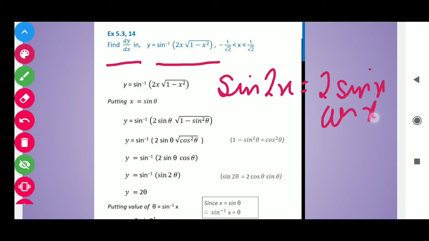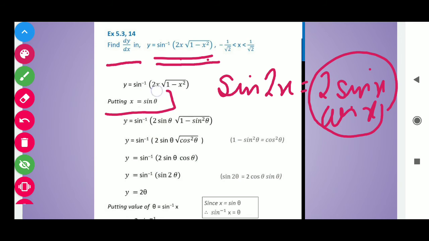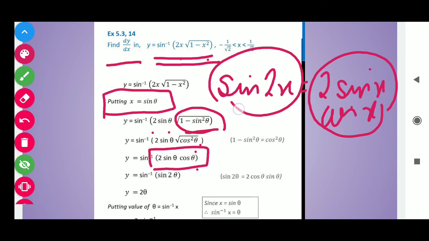Okay, so by comparing this one here, you can see that 2 sin x cos x. If we put x is equals to sin theta, then we will make 2 sin theta under root 1 minus sin square theta. 1 minus sin square theta is equals to cos square theta, and that turns into cos theta. So 2 sin theta cos theta will make together the formula of sin 2x, that is here sin 2 theta.